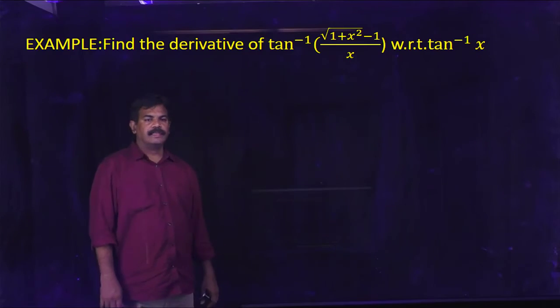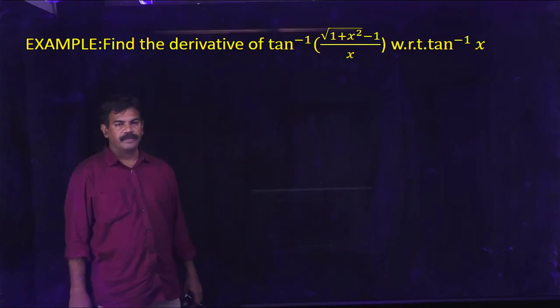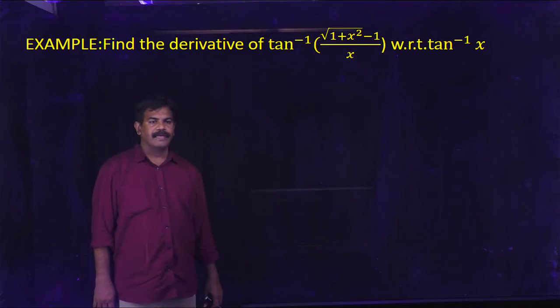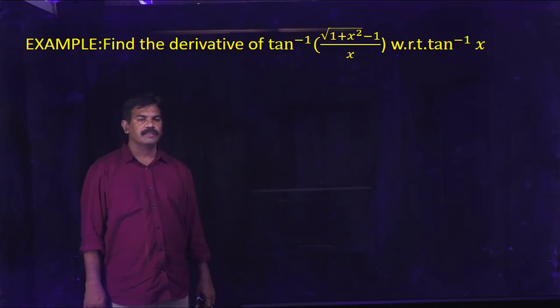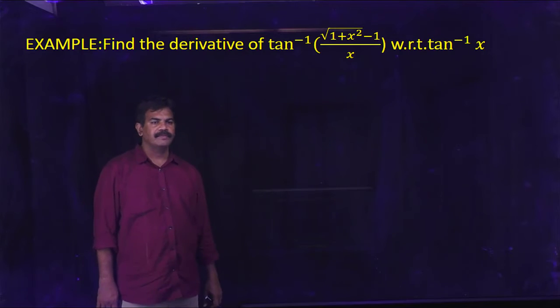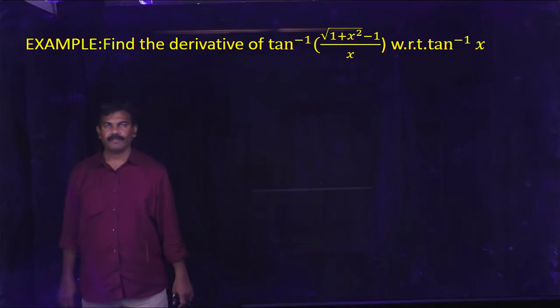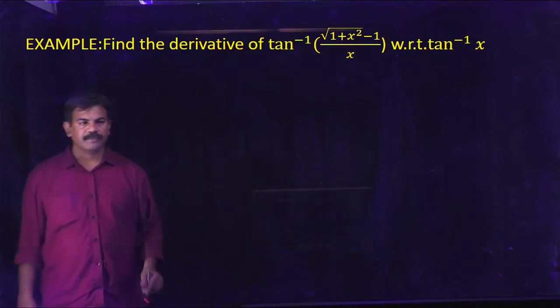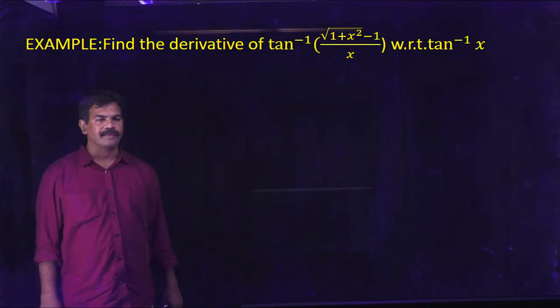See another example, that is find the derivative of tan inverse of root of 1 plus x square minus 1 by x with respect to tan inverse x. Say that the first one is f of x and the second one is g of x.